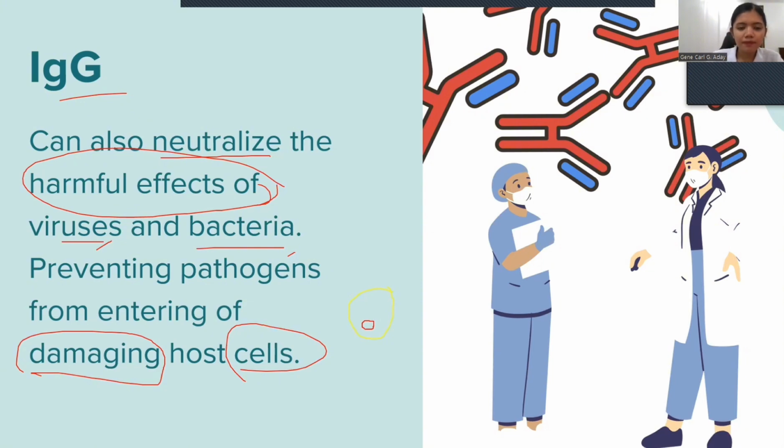So, nababawasan niya or naprevent niya yung harmful effects ng viruses and bacteria, yung pag-damage or pag-enter nila sa host cells, sa cells ng mga biktima nila. Naprevent ng IgG yung mga pathogens na mag-enter sa cell ng host, or mag-damage sa cells ng mga tao.